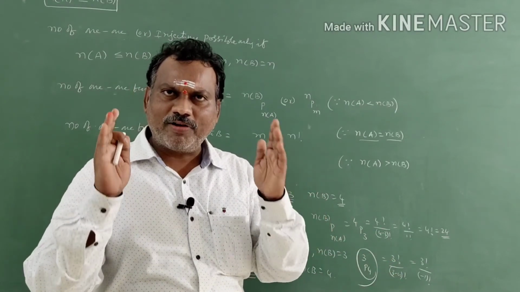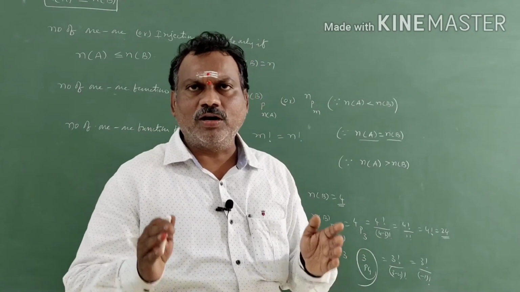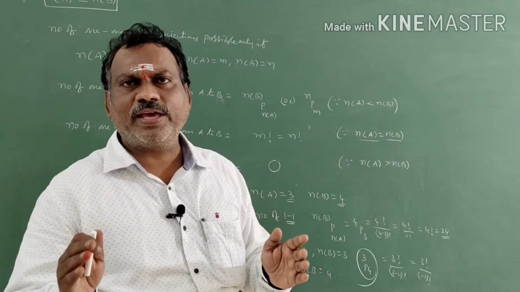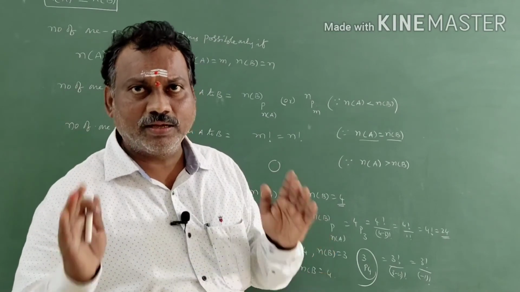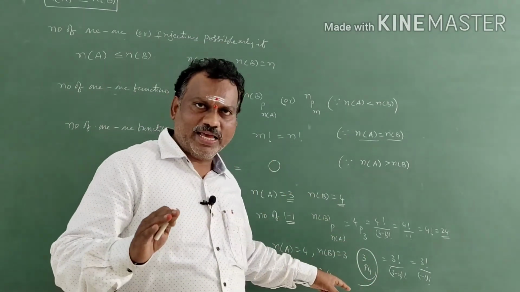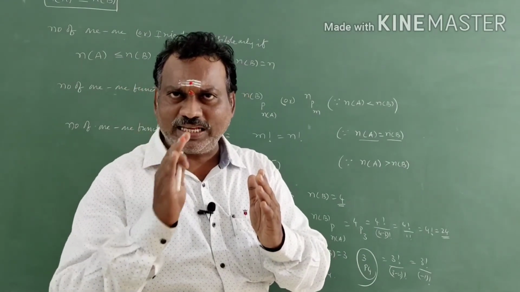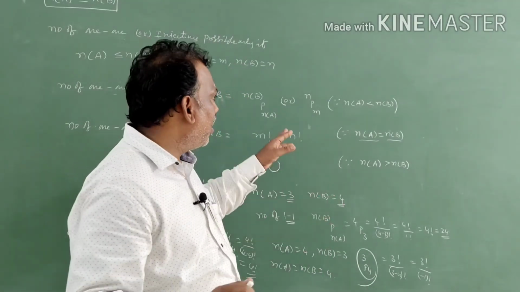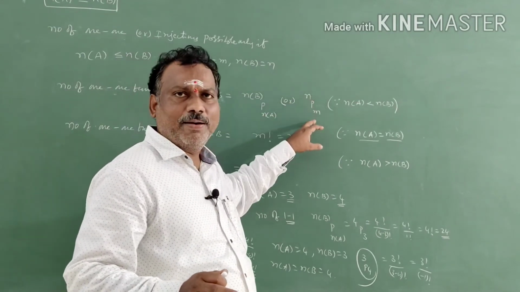For one-one functions to exist, there must be a rule: n(A) smaller than or equal to n(B). If n(A) is less than n(B), we have n(B) permutations n(A), that is nPm.